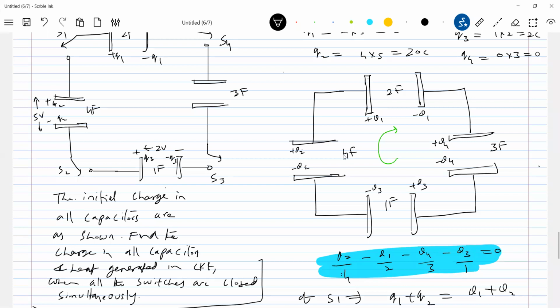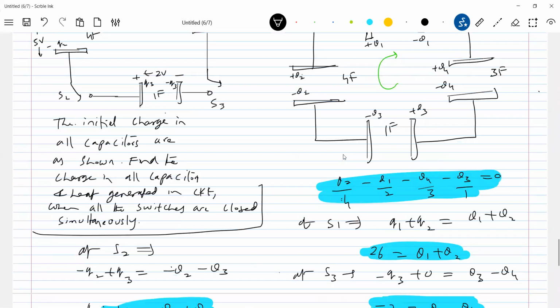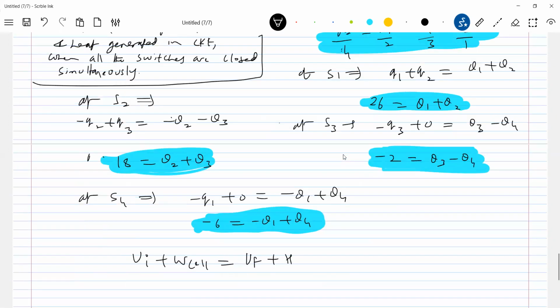So writing loop equation, charge of an isolated junction must be conserved. These are the things which you are going to come across in almost every numerical.